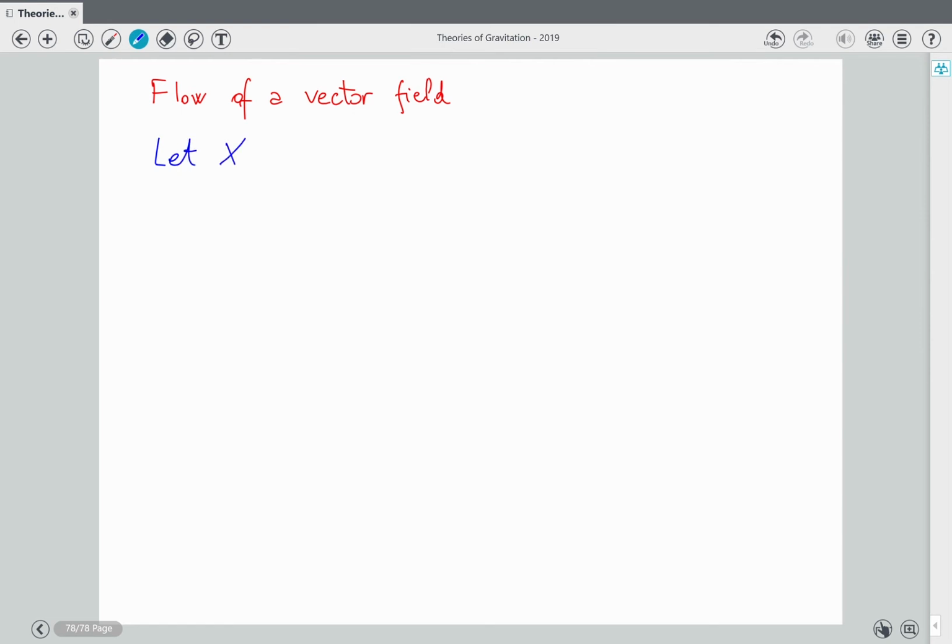Let x, and in local coordinates we will write it like this, denote a vector field.